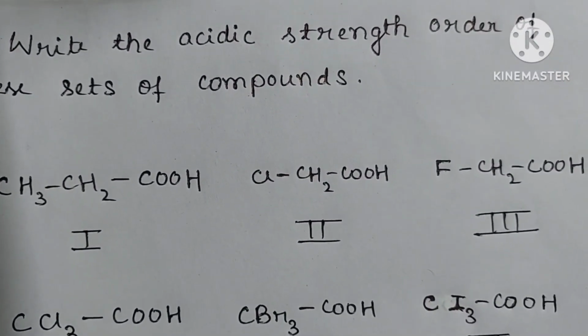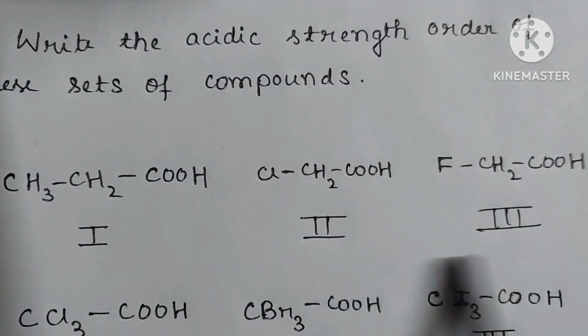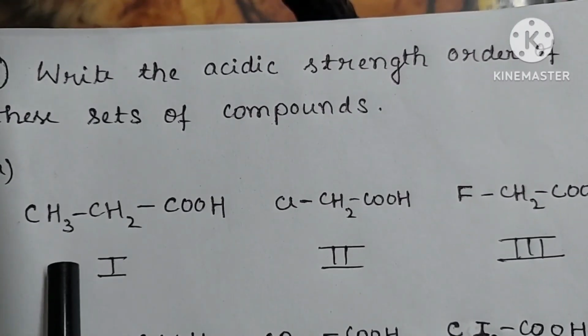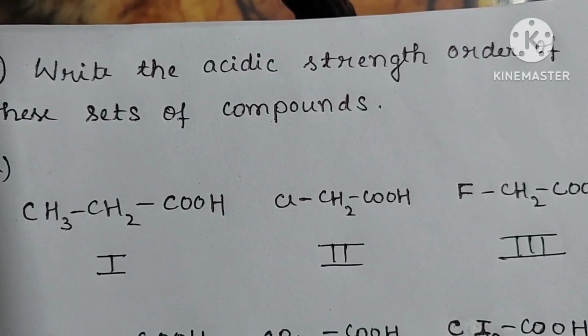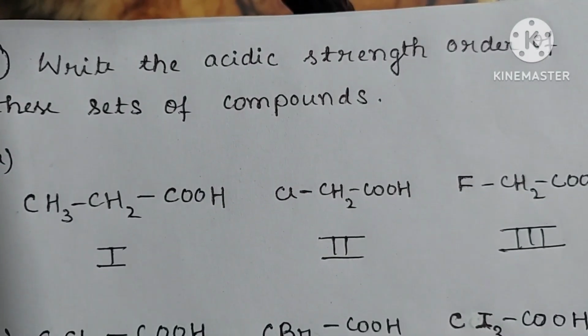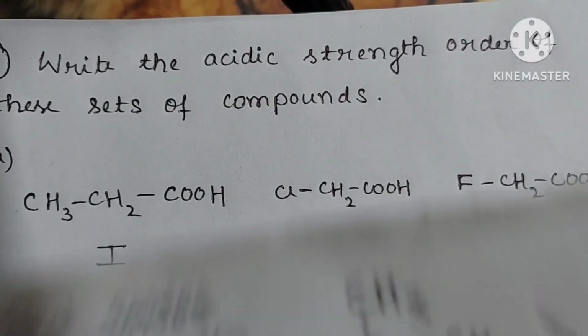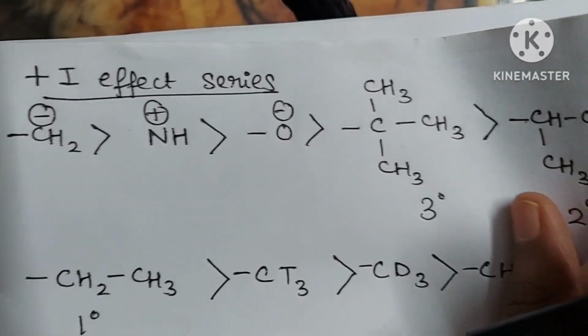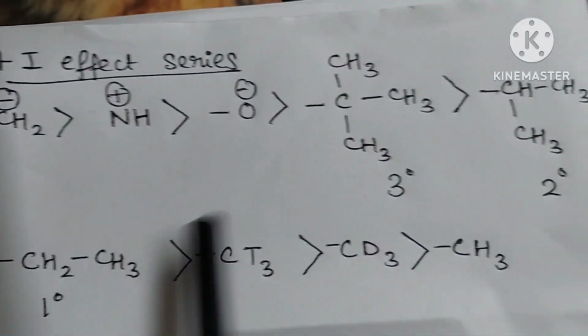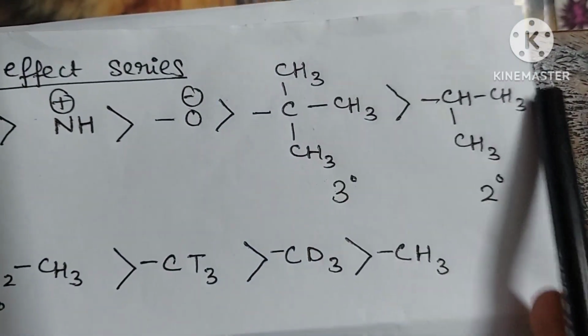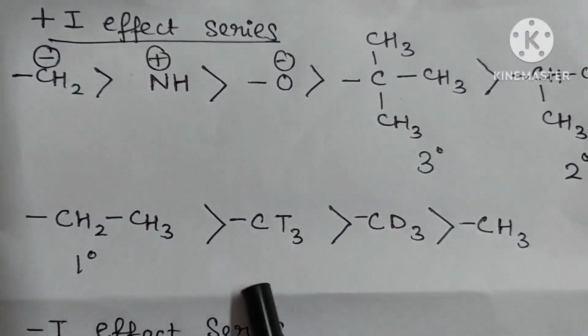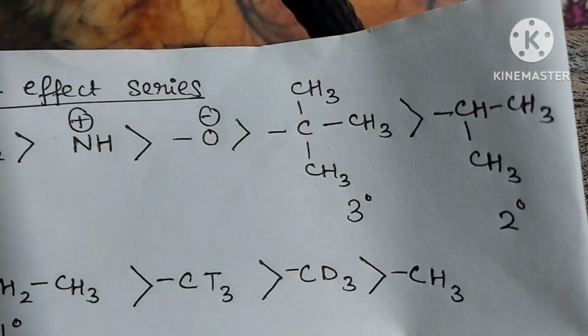See here, among the three, the first one is having plus I effect, because if we look at the plus I effect series, we will see that here all the CH2, then CH3, tertiary, secondary, primary carbocations are involved, okay.